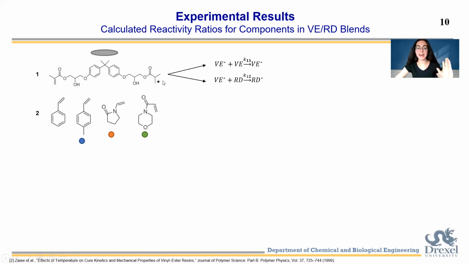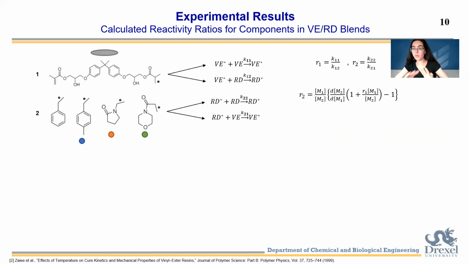The first of which is that when a vinyl ester oligomer perhaps becomes reactive, it receives a free radical. It can transfer this radical to another vinyl ester oligomer, or it can transfer it to a reactive diluent monomer. Likewise, if a reactive diluent monomer becomes active, it can transfer this radical to another diluent monomer or a vinyl ester oligomer. It just depends on which is more reactive with which, and that can depend on the chemistry of the system.